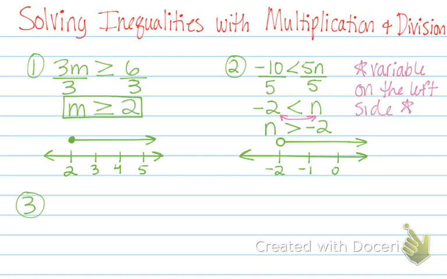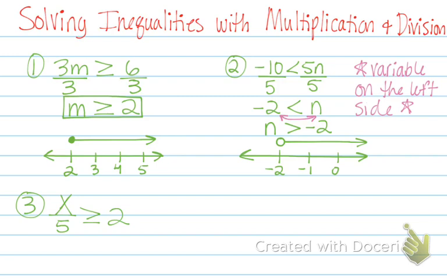Now I'm going to have x divided by 5 is greater than or equal to 2. With the x and the 5, we have division, and to undo division, we can use multiplication.